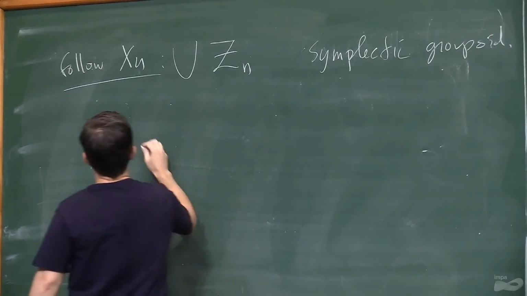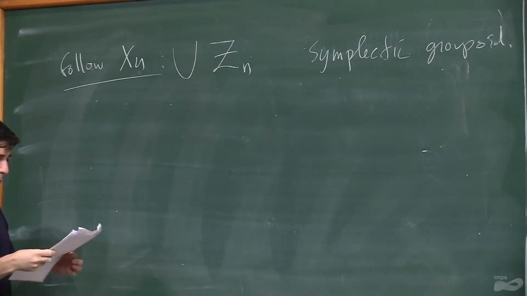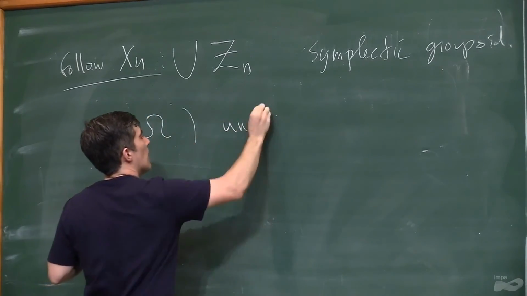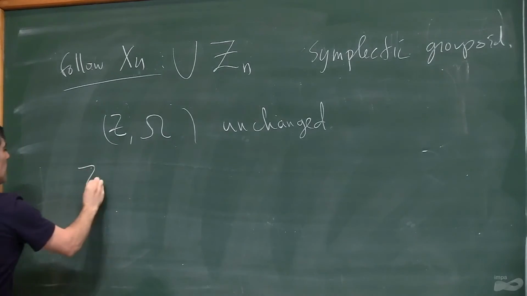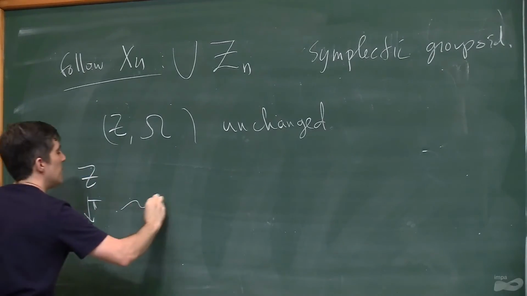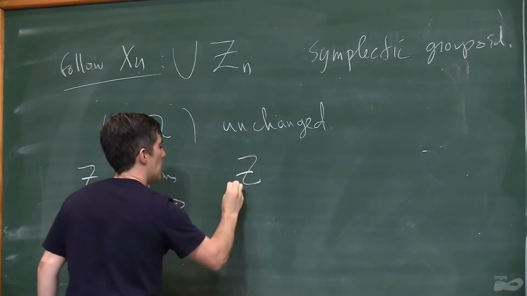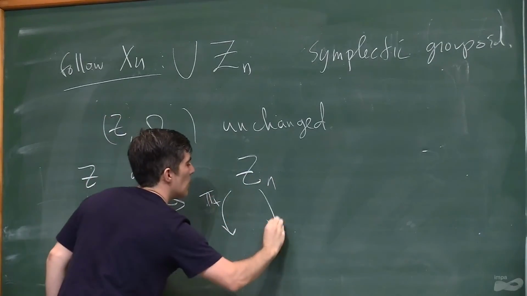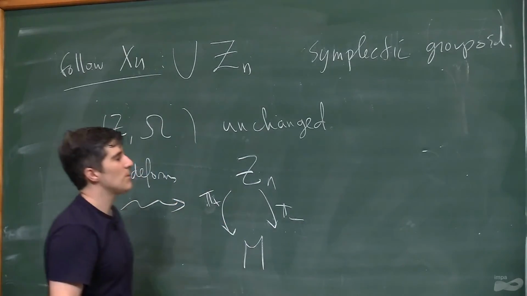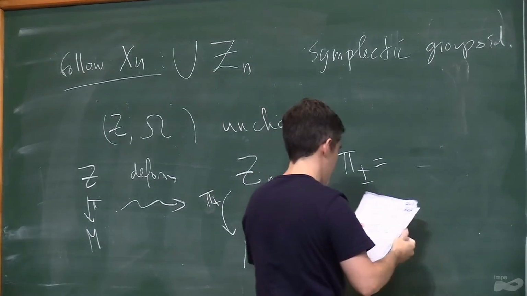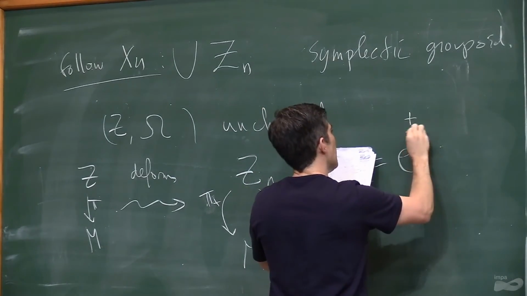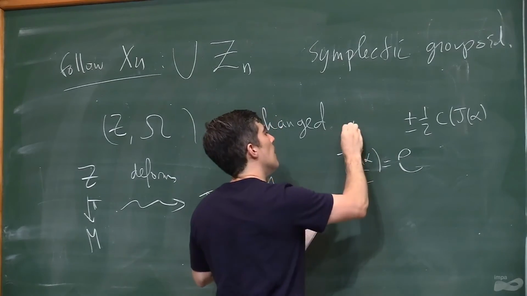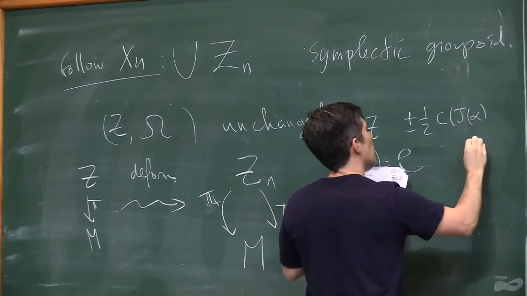And I'll just write one formula, where all the structure remains unchanged, but the projection map to M deforms to two maps, where pi plus/minus has this very beautiful formula, e to the plus/minus 1/2 c of J(alpha), let's say if alpha is a point in Z, and then pi of alpha.